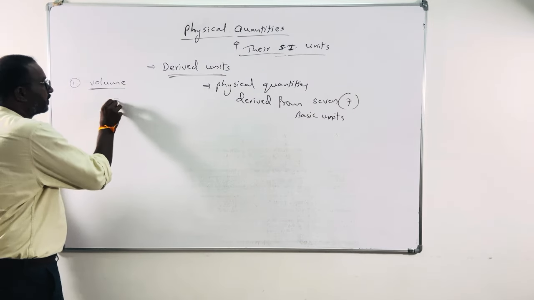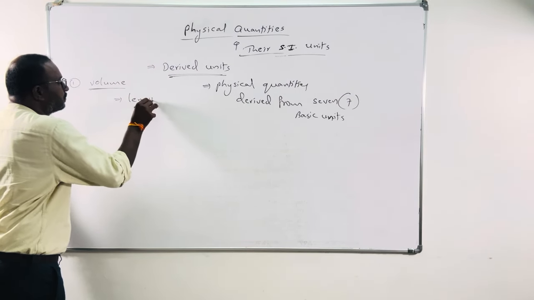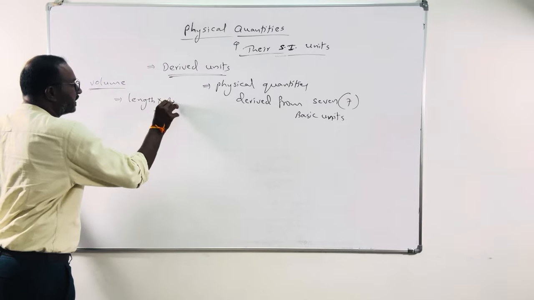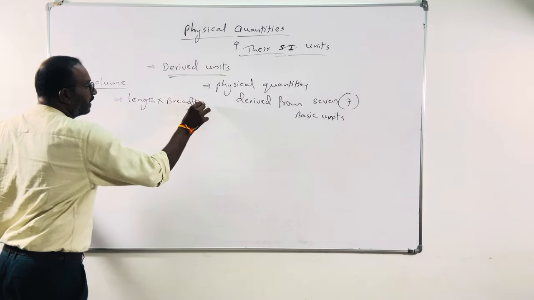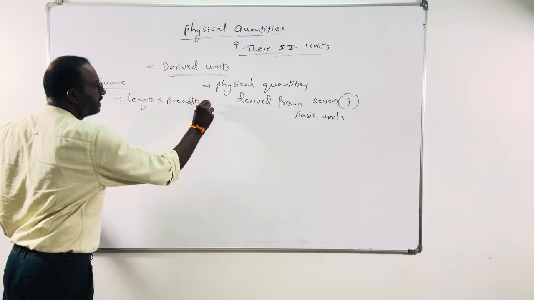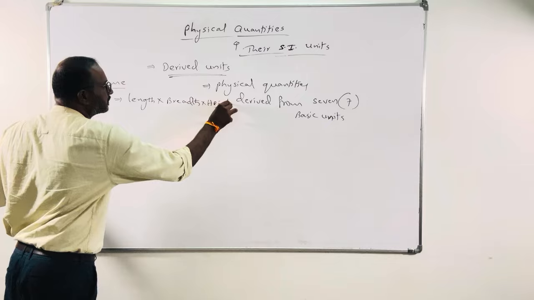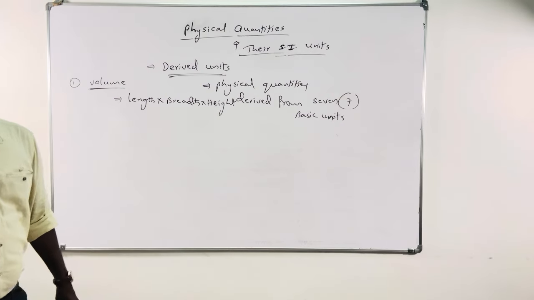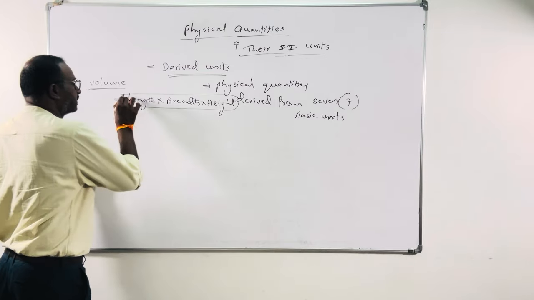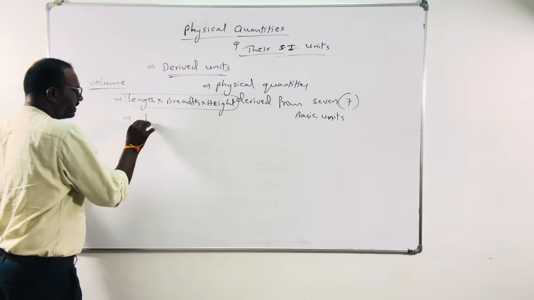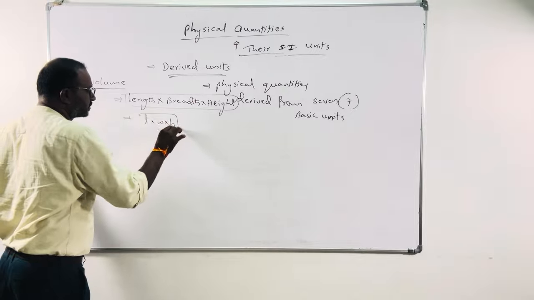It is derived from the formula length into breadth into height. So the simple formula is L into W into H.